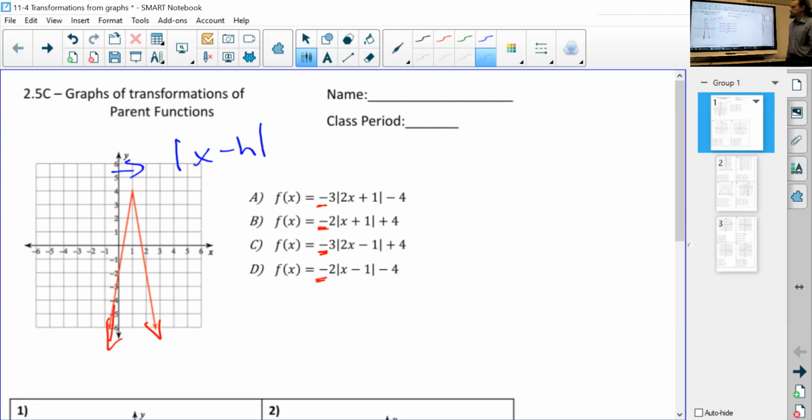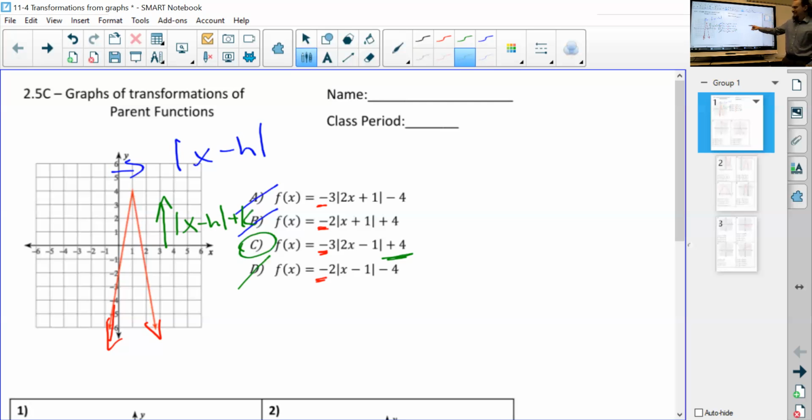So I'm looking for a minus sign inside the absolute value, and that eliminates answer choice B and answer choice A. And then I see that it's shifted upwards, which tells me that if I have x minus h, I should also have plus k on the outside. So I'm looking for a positive number on the outside. There it is. That eliminates answer choice D. So all that is left is C.